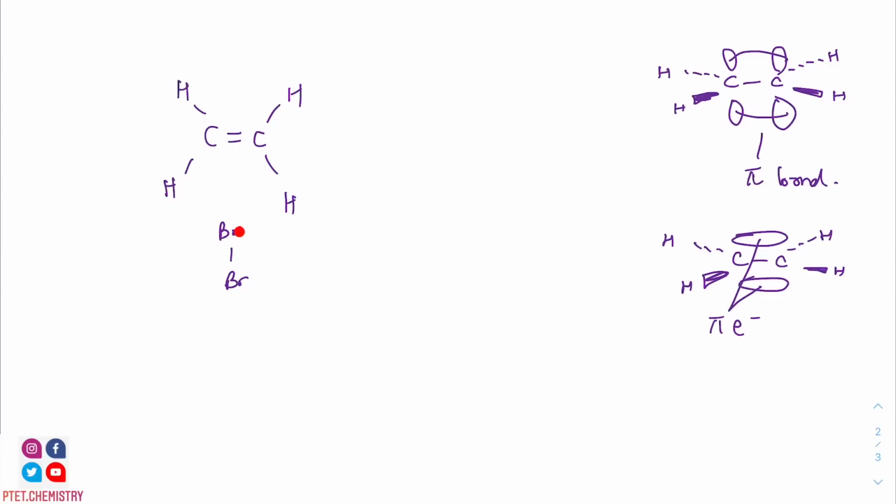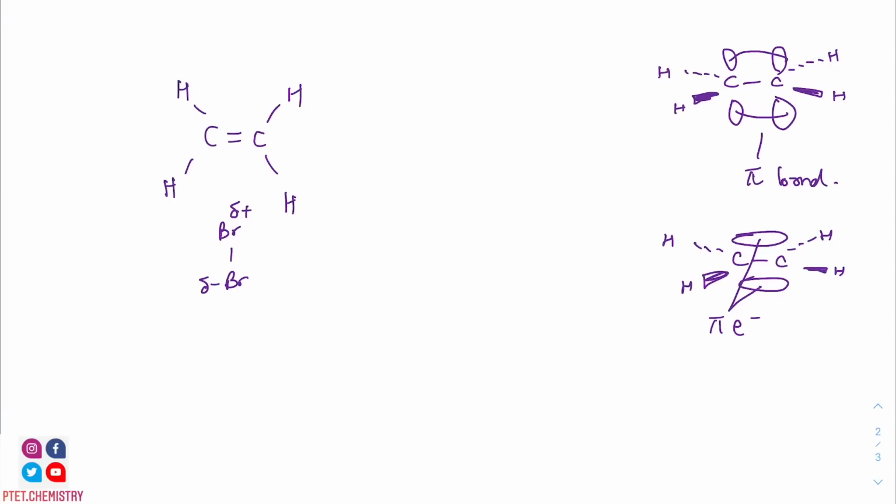It will polarize it in such a way that this becomes delta positive, because it wants to be attracted to it. It will polarize this to become delta plus, which means the other one must become delta minus. But I talked about heterolytic fission just now, so we are not thinking the bond will break straight away. No, it has to be started by something.